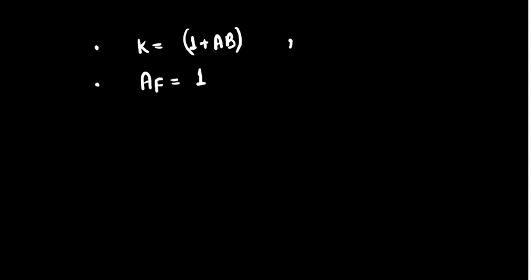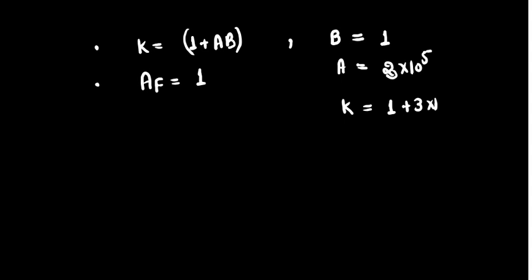We have seen that we are directly connecting your output with the input, correct? So B will be equal to 1 and A is given to you, 3 into 10 to the power 5, and 1 plus AB we have already. So it would be 1 plus 3 into 10 to the power 5.